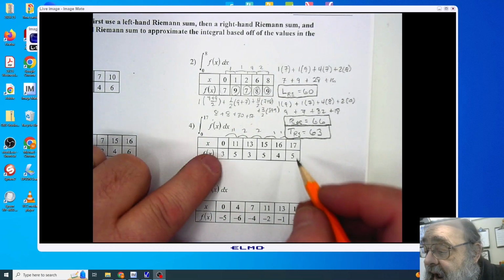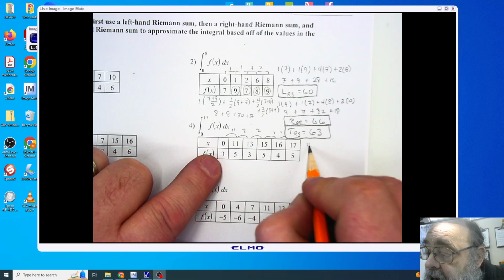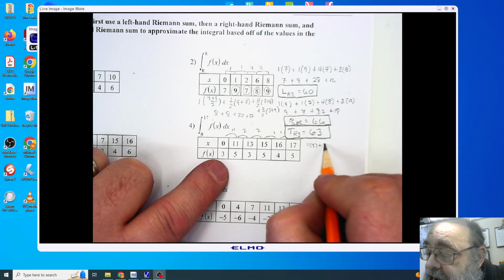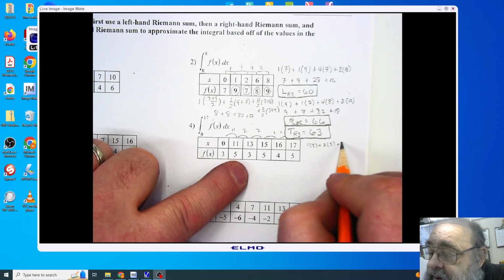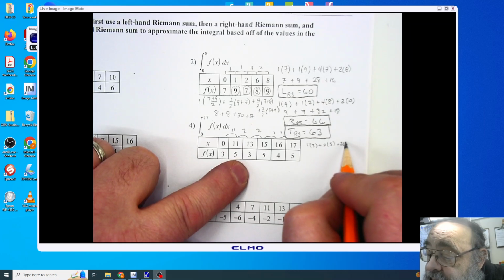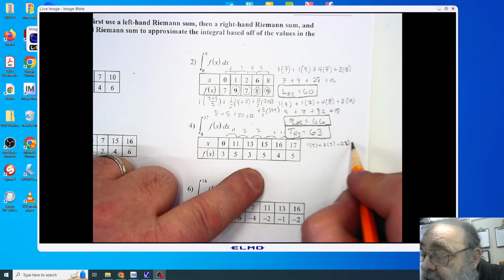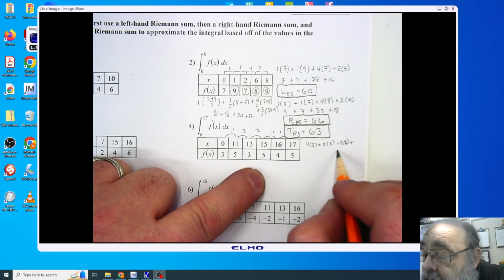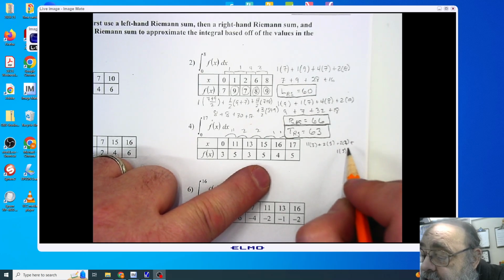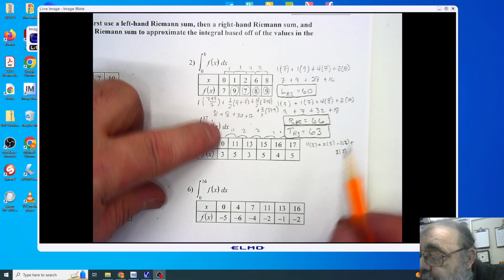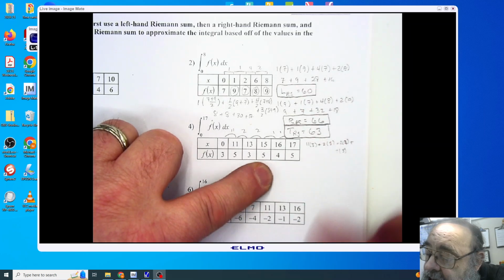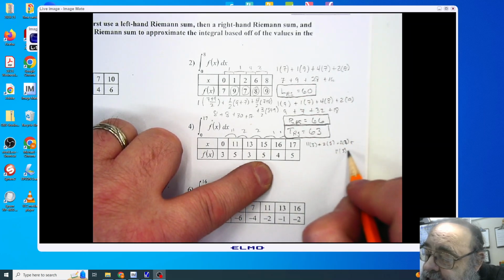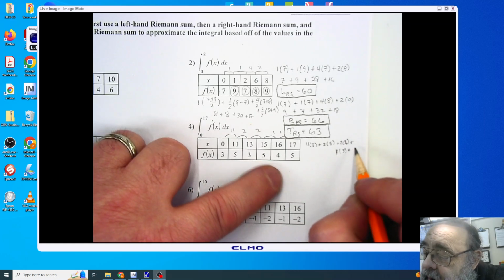That means that for the left Riemann sum, you're going to have 1 times 3 plus 2 times 5 plus 2 times 3, plus 1 times 5, make sure I've got 1. It's going to be 1 times 5 plus 1 times 4.